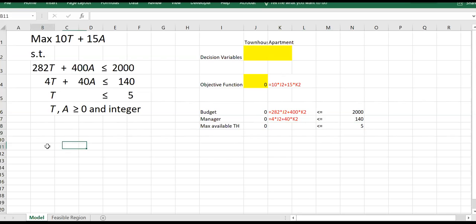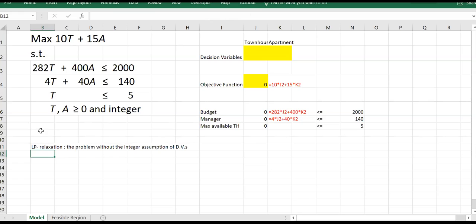If we go ahead and solve the LP relaxation, so LP relaxation is actually the problem without the integer constraints. So basically you allow, or without the integer assumption of the decision variables, right?